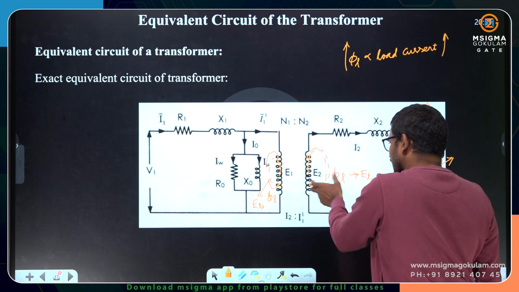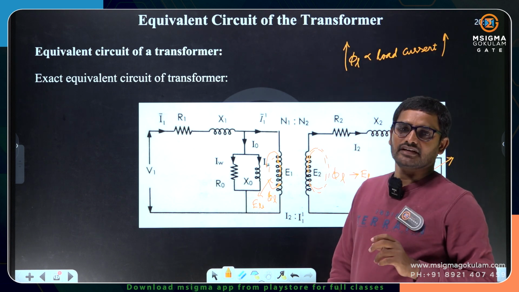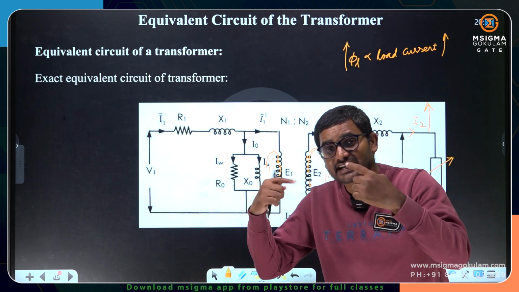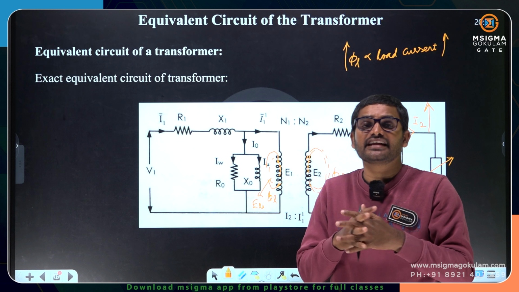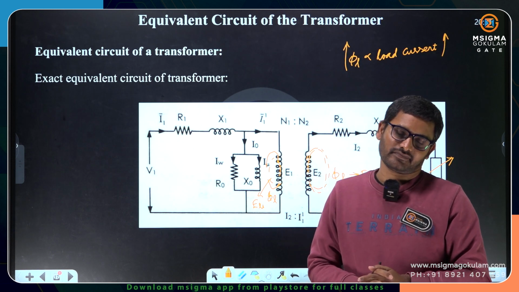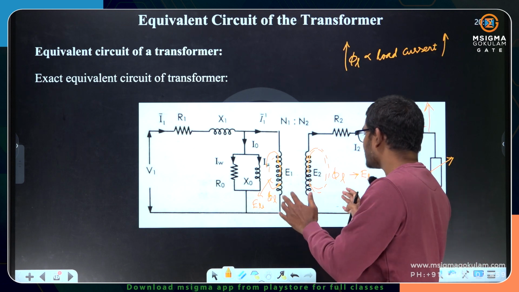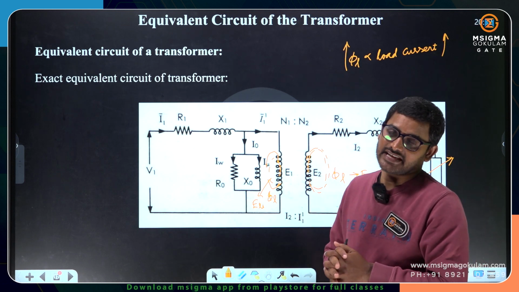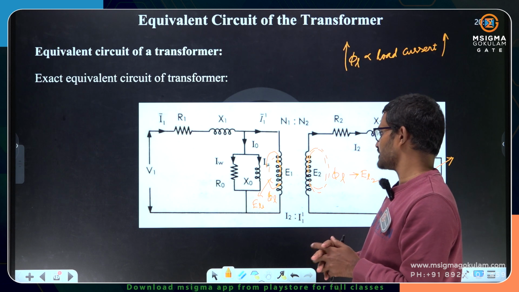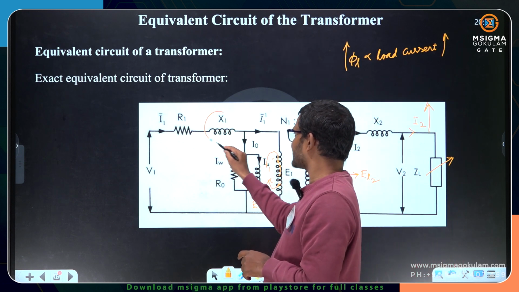Actual EMF is E2, out of that some EMF is going to be leakage. Therefore, the phasor diagram we have drawn earlier is going to be deviated. So in order to get the exact phasor diagram, we will assume these reactances.